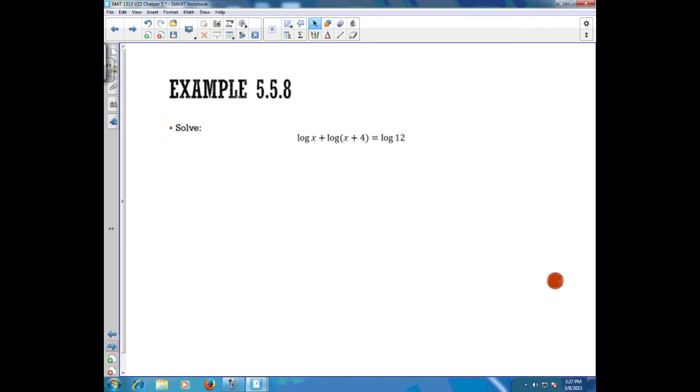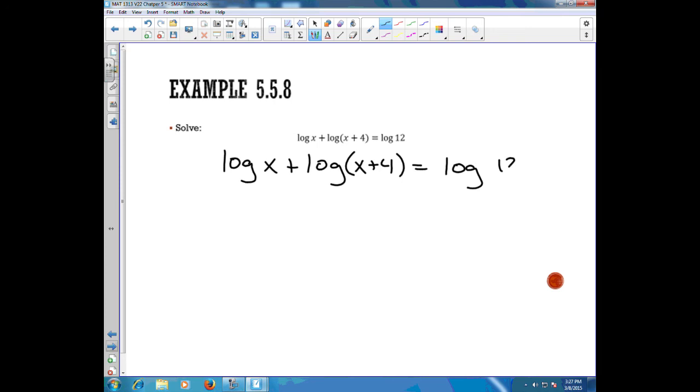Finally, if there are logs on both sides of the equation, we've got to do something just a little different. Start by combining both sides together. So what we have is log x plus log x plus 4 equals log of 12. So we're just going to take the left-hand side and use the product rule.